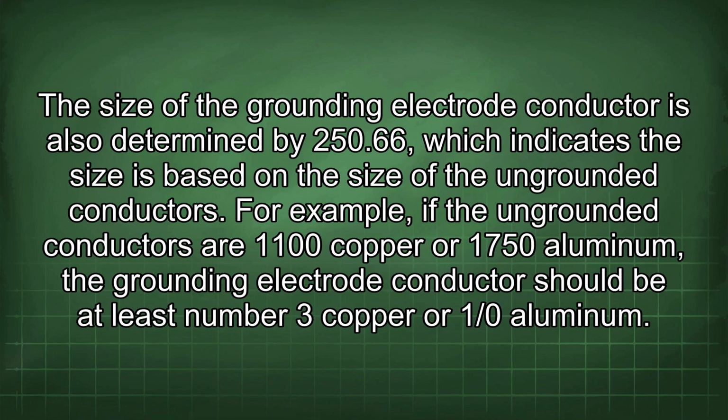The size of the grounding electrode conductor is also determined by 250.66, which indicates the sizes based on the size of the ungrounded conductors. For example, if the ungrounded conductors are 1100 copper or 1750 aluminum, the grounding electrode conductor should be at least number 3 copper or 1/0 aluminum.